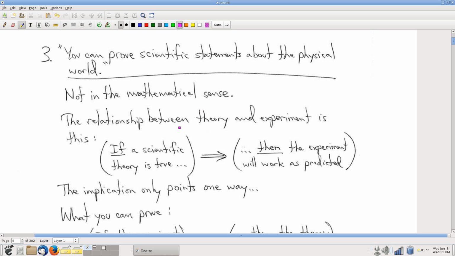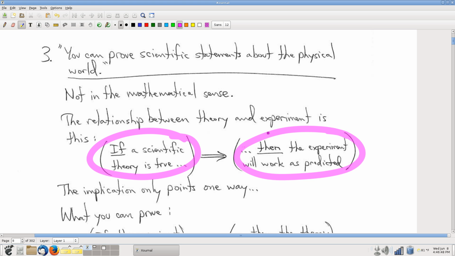Now here is a deductive relationship between theory and experiment. If a scientific theory is true, then it is true that the experiment will work as the theory predicts. That's what a scientific theory does. It makes predictions, and if it's true, then those predictions should work.